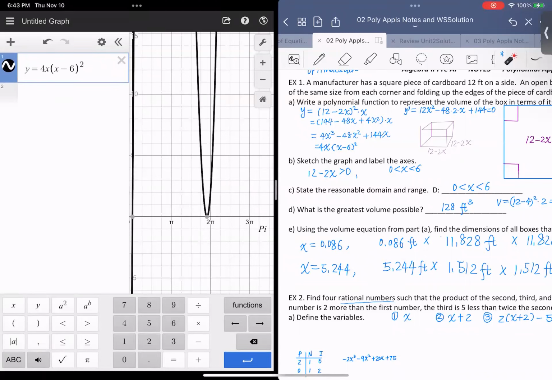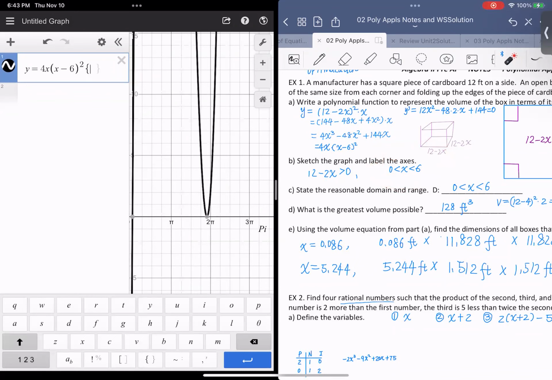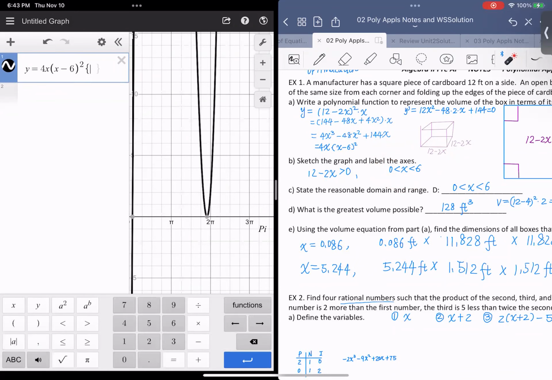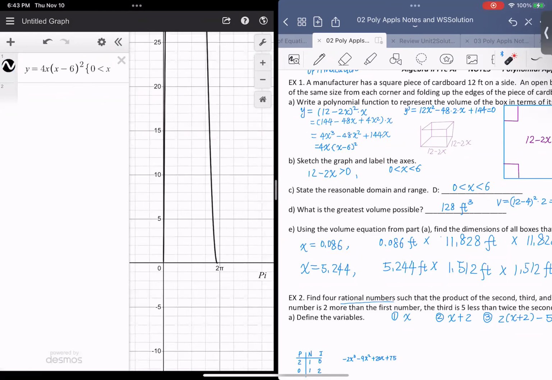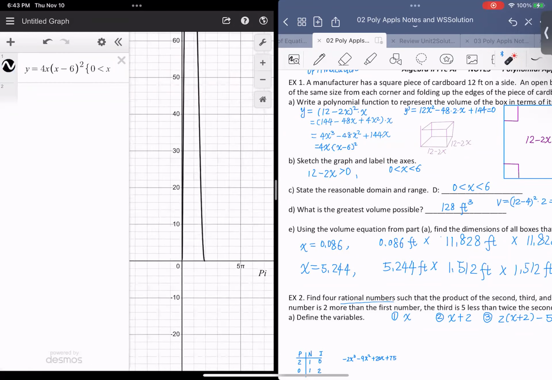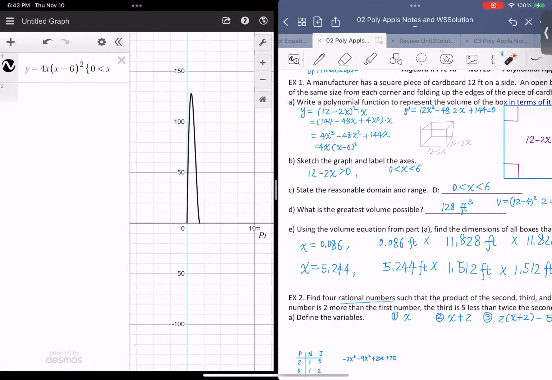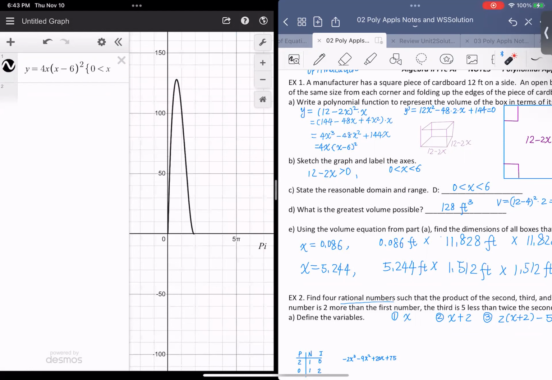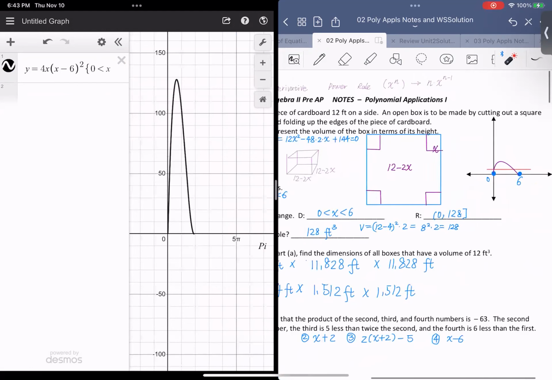And then you want to make sure you put the restriction. So you put curly brackets and you do 0 less than x less than 6. That's it. Okay, so this curve looks like this.